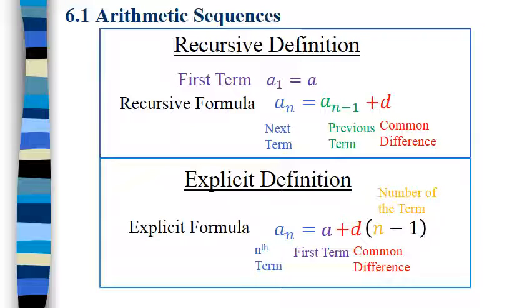This is very similar to the slope-intercept form, which remember is y equals mx plus b. This is just adjusted right one. So this is very similar to the standard form of a function.